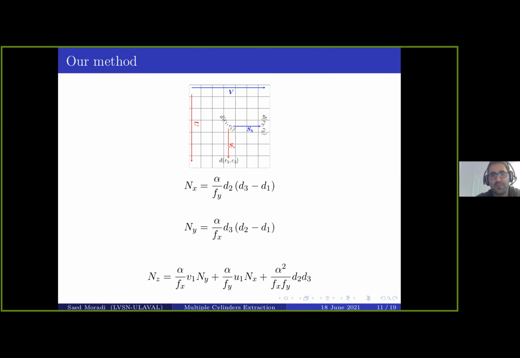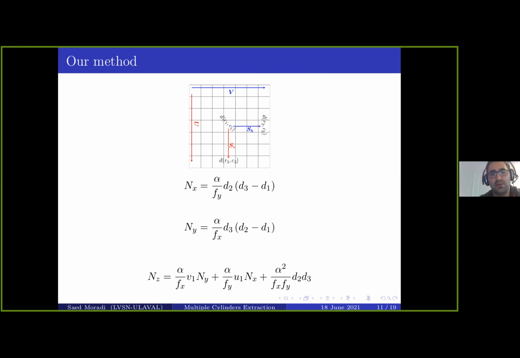But for our method, we use two tangent vectors, SH and SV, and unlike the other methods, our vector is not a unique vector. The length of each vector is equal to alpha. So we find a closed form solution for the different components of a normal vector using this formula.